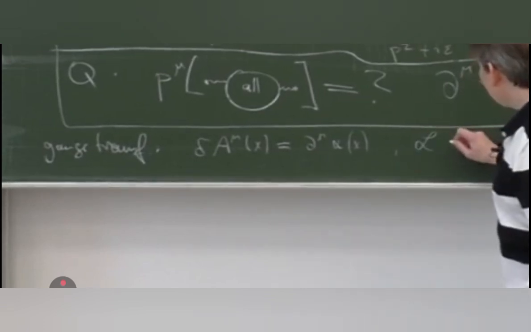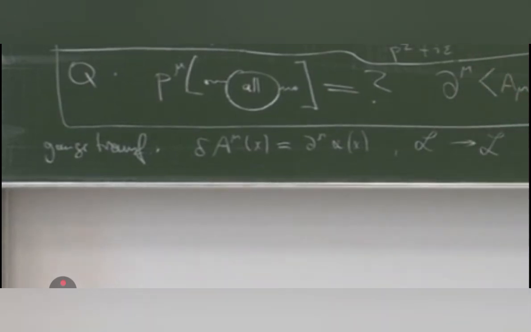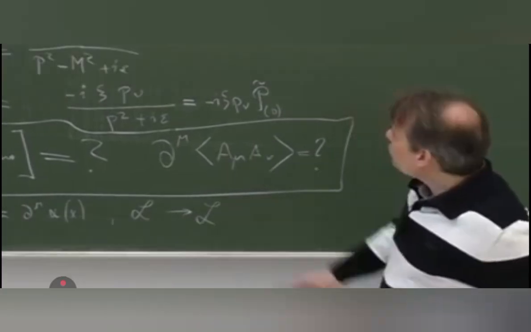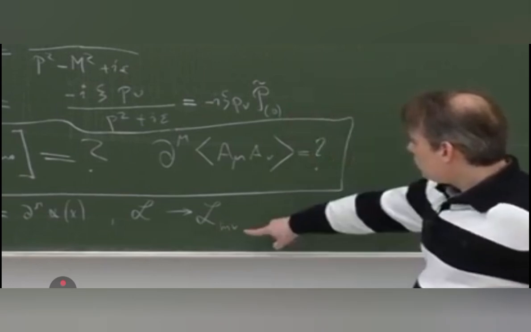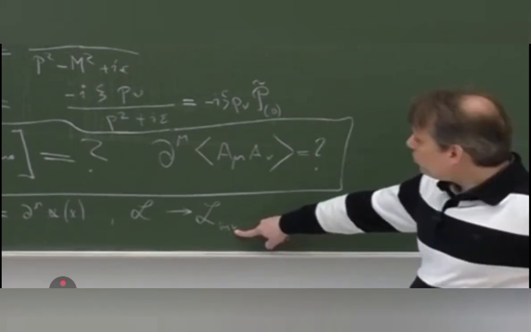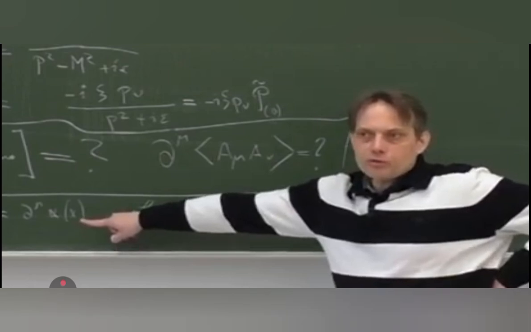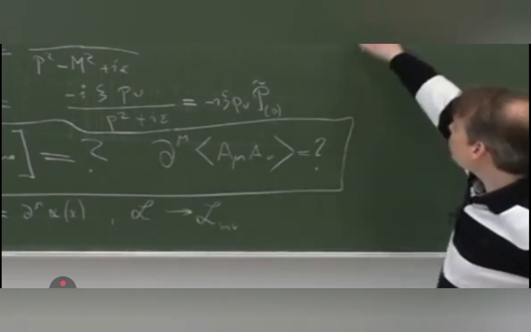But what happens to the full Lagrangian of QED? It is not invariant because of the gauge fixing term. It consists of a gauge invariant part, which is of course gauge invariant under the gauge transformation of the photon and the electron field, even though we do not care what the electron field actually looks like.